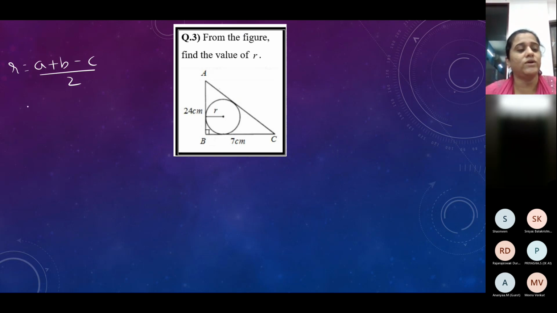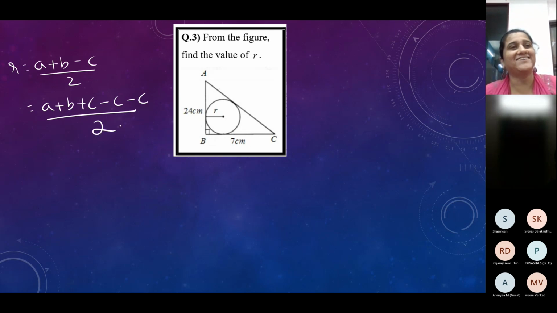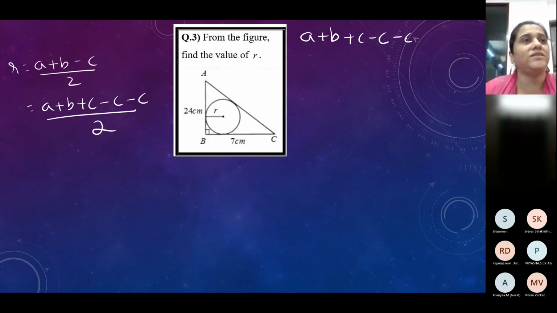So how do you work this? Can I write A plus B minus C as A plus B plus C minus C, minus C by 2? Yes, because I'm adding C and I'm subtracting C.